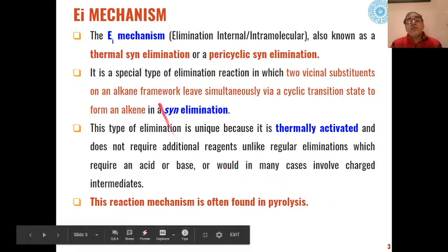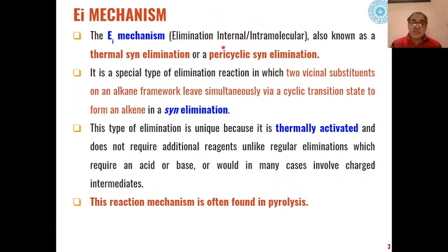So the characteristics of the Ei mechanism, that is internal or intramolecular elimination reactions, are also known as thermal syn eliminations or pericyclic syn eliminations. These reactions are a special type of elimination reaction where two vicinal substituents of a saturated framework or alkane framework are removed simultaneously via a cyclic transition state to form an unsaturated compound, that is an alkene, in a syn elimination mechanism.